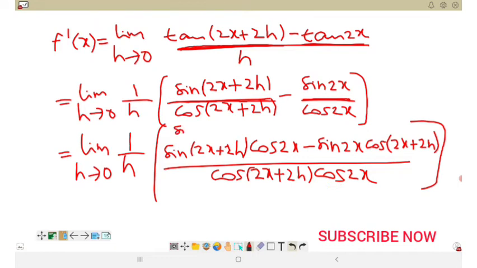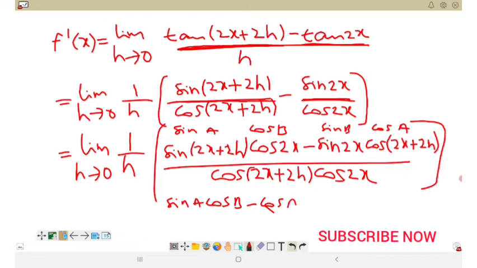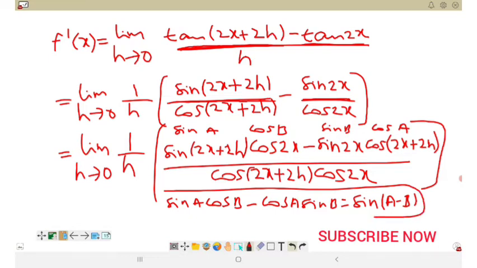Now it is in the form of sin A cos B minus cos A sin B. So sin A cos B minus cos A sin B is equal to sin of A minus B. Limit h tends to 0, 1 by h.